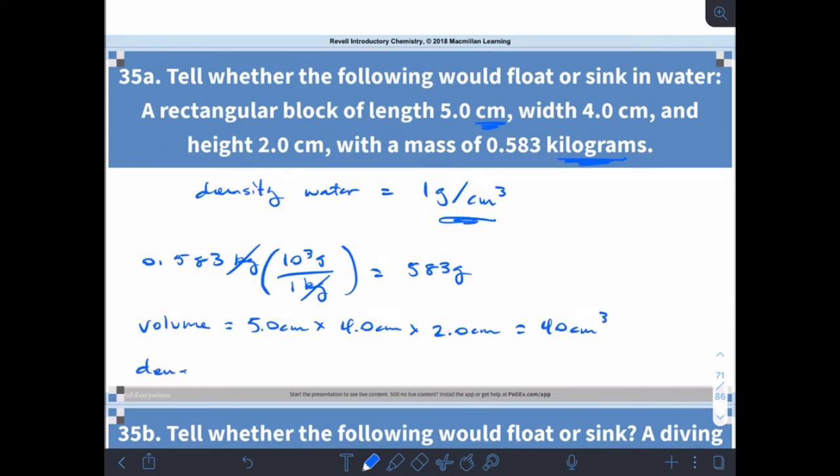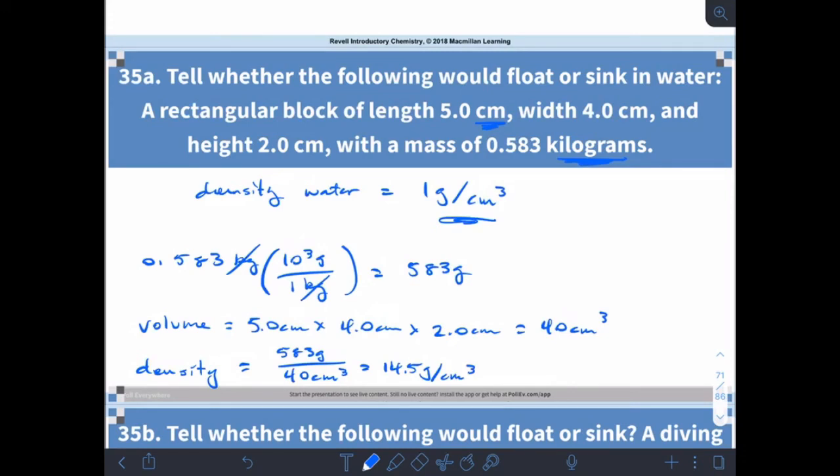So the density of the block is mass divided by volume. The density is 583 grams divided by 40 cubic centimeters, which gives us 14.5 grams per cubic centimeter.